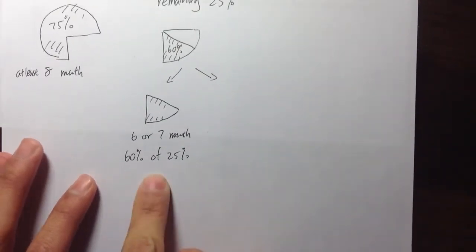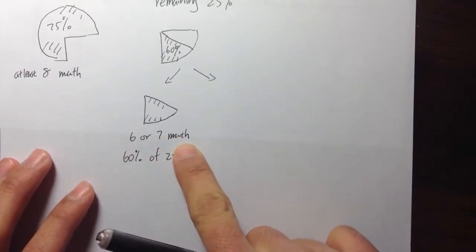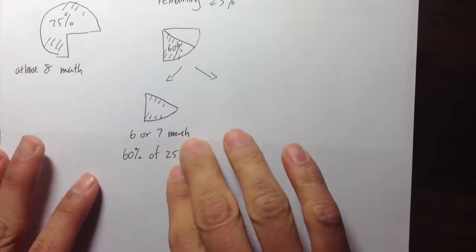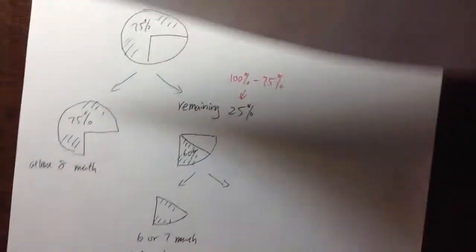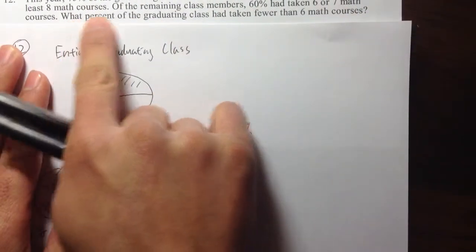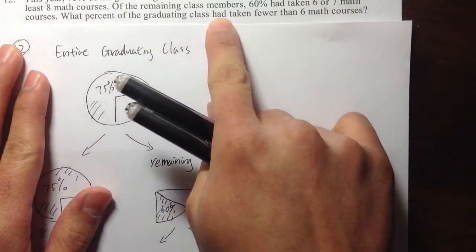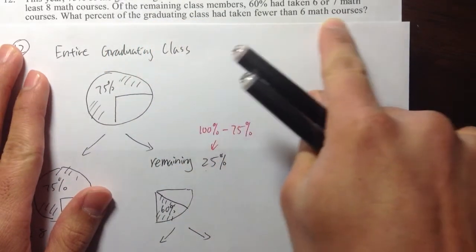So this percentage of the students took either 6 or 7 math classes. However, this is not what we're trying to find. Let's read the question one more time. He asks us what percent of the graduating class had taken fewer than 6 math courses.